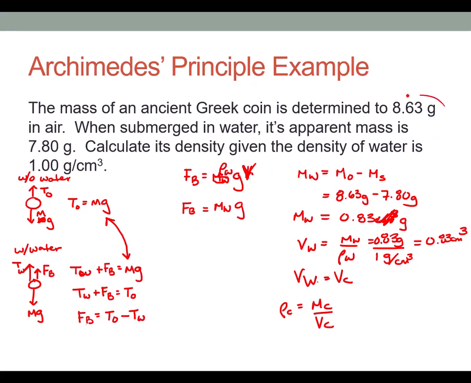The mass of the coin is what it is when it's just in air, so that's 8.63 divided by our 0.83 centimeters cubed, which works out to be 10.4 grams per centimeter cubed, which is roughly equivalent to silver, consistent with an ancient Greek coin. I'm not sure I did the best job of explaining this, but the answer is correct. This ends this part of this unit.